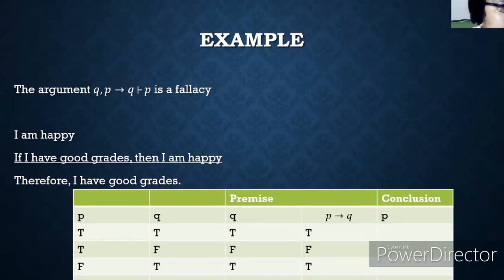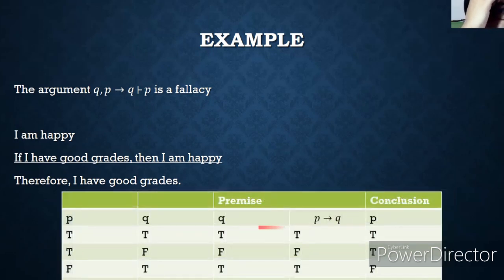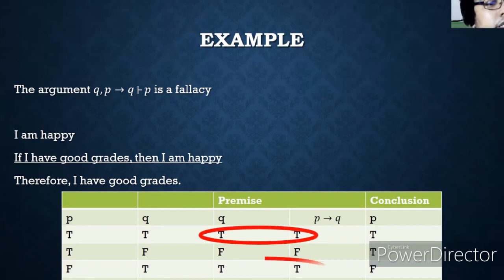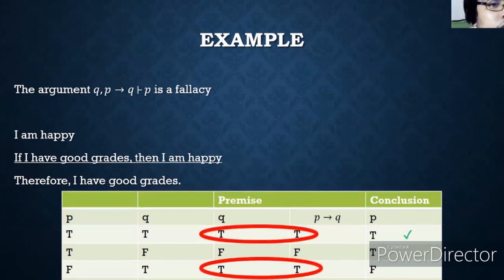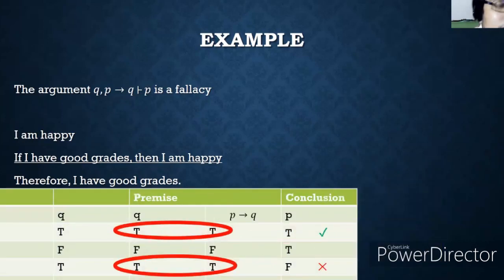If you could see here at rows 1 and 3, it gives us both premises true. If we look at the conclusion, the one is true, but the other one is false.